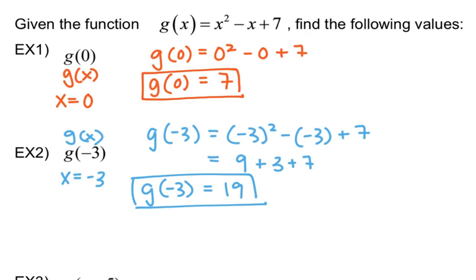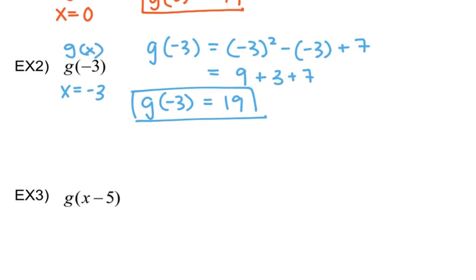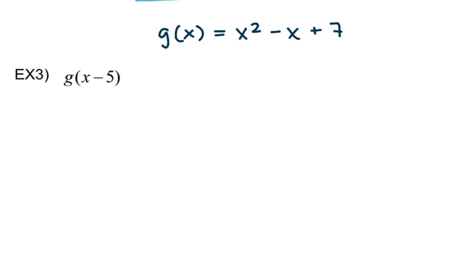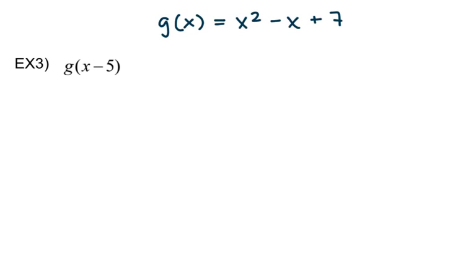All right, let's look at the third example. I pulled that function back down so we'd have more space to look at this. We have g of x equals x squared minus x plus 7. And here we're asked to evaluate or determine what g of x minus 5 is.